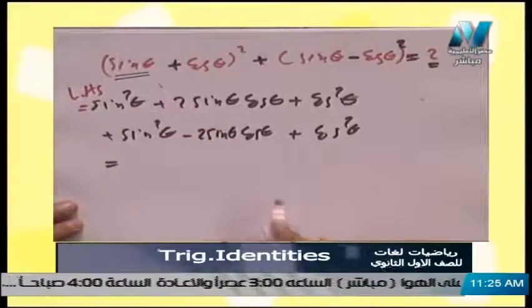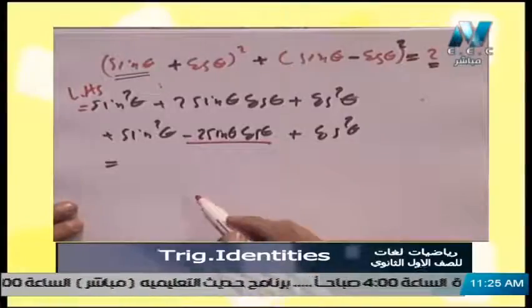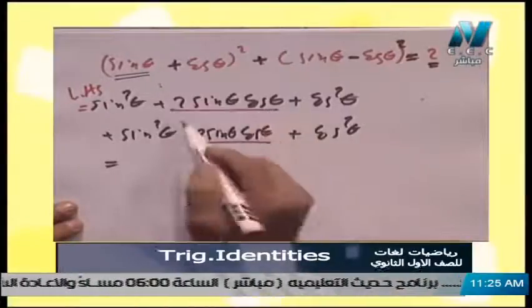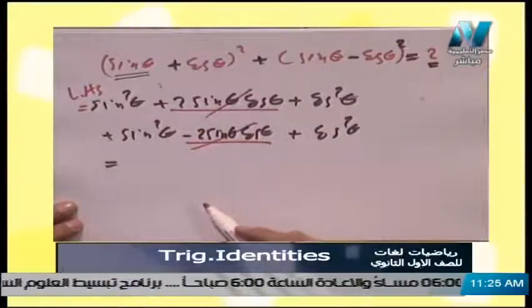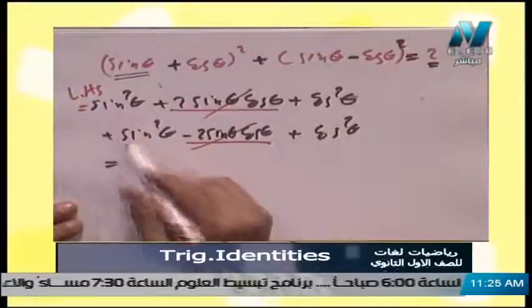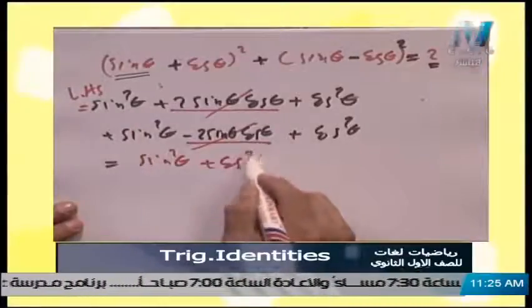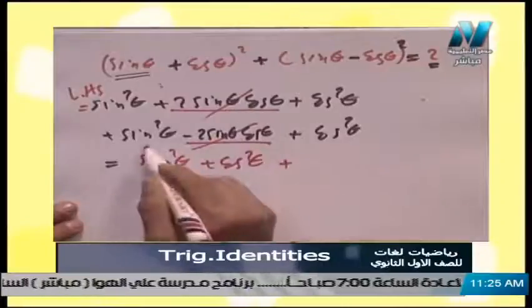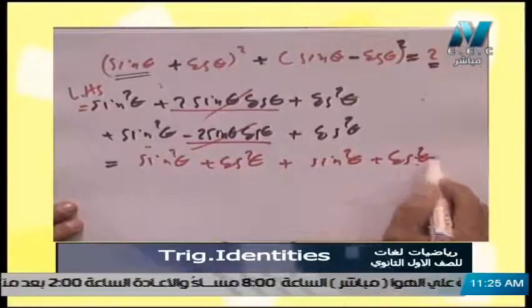Notice that we have negative 2 sine cosine and a positive 2 sine cosine, we cancel them, equal 0, and we have here sine power 2 theta plus cosine power 2 theta plus this sine power 2 theta plus cosine power 2 theta.